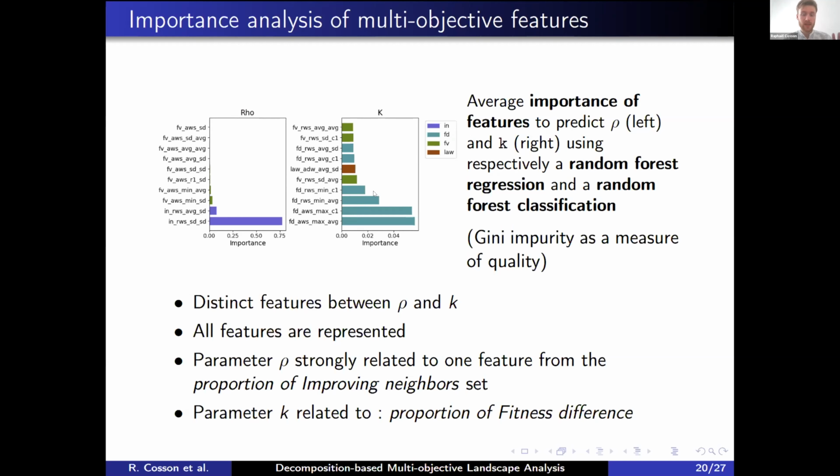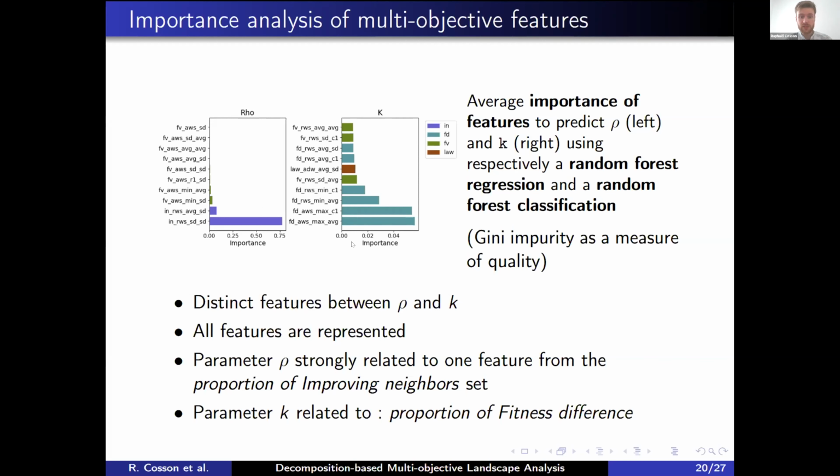But what we can conclude is that, first of all, the features useful for one parameter are not the same as for the other parameter. As you can see here, ρ mostly needs only one feature. There is one feature which appears either extremely correlated or anti-correlated, and it's enough to predict it, unlike k, which will need more features. But all sets of features are present.